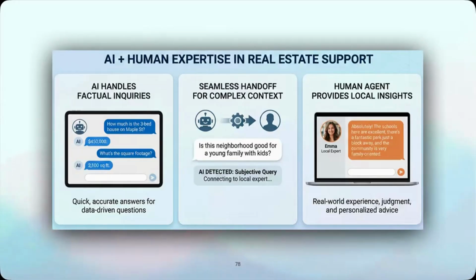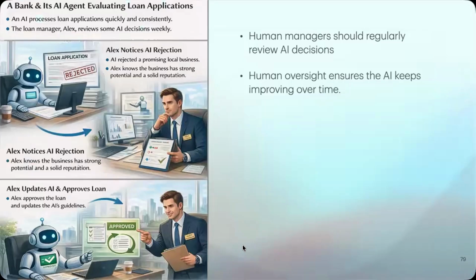So it hands off the conversation to, let us say, Emma, a human agent who actually lives nearby. Emma can share real insights about schools and safety and perks and overall community vibe. This handoff ensures that the experience remains personal and trustworthy and genuinely helpful. It shows why humans and AI need to work together and not compete with each other.